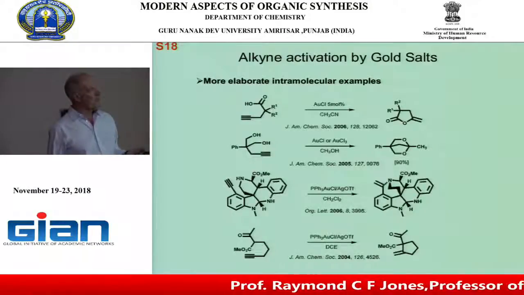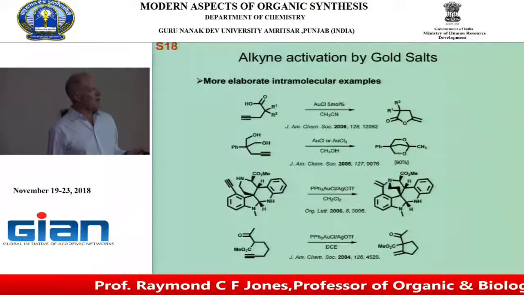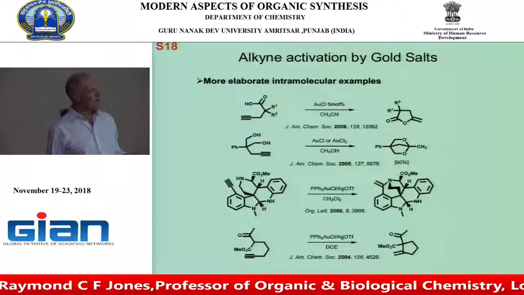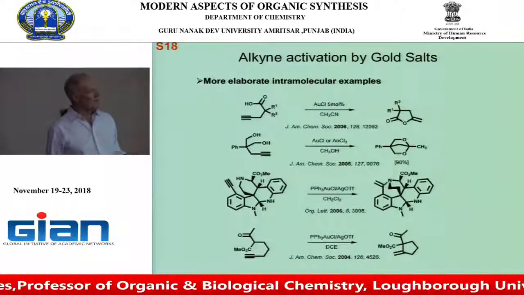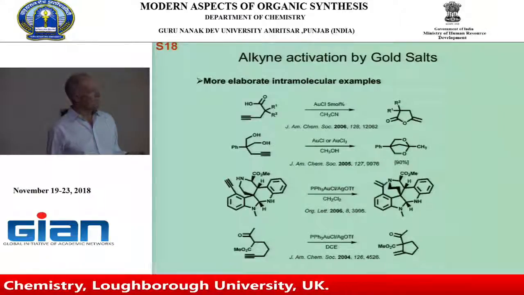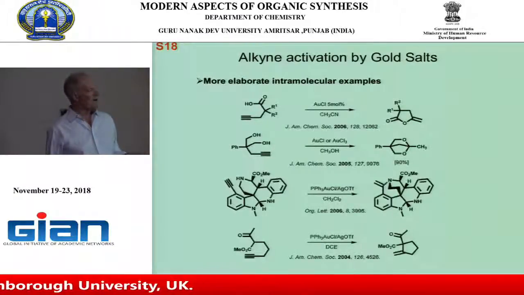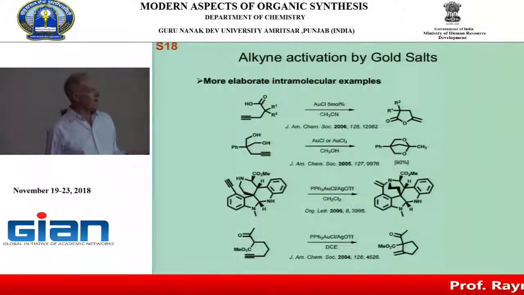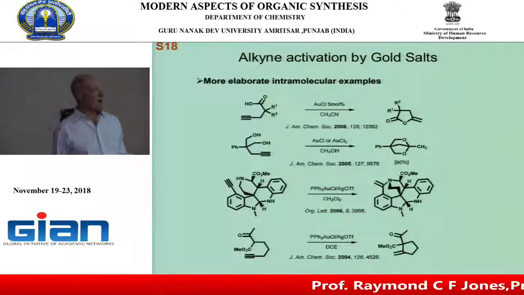So here's one where the nucleophile is a carboxylic acid oxygen and is adding, sorry, adding to an alkyne here to produce an alkene. It's adding at the inner end to make a 5-carbon ring.